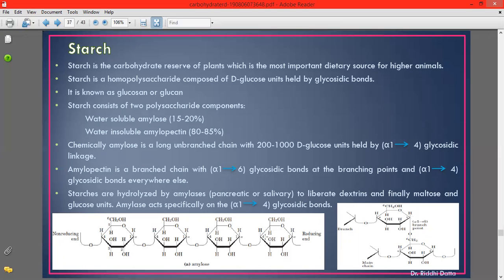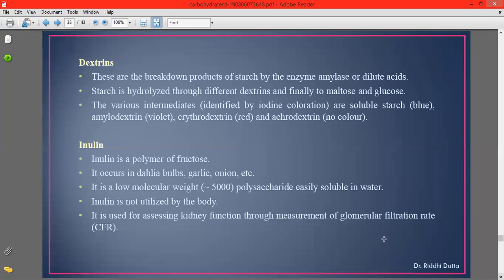This is 1 and this is 4. તો આ સળંગ ચેઇન અનબ્રાન્ચ અને આ બ્રાન્ચની અંદર. ઓકે, and this is the main branch.